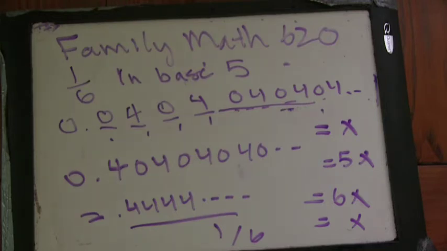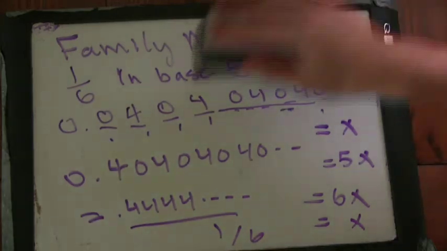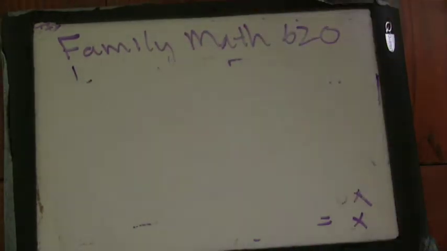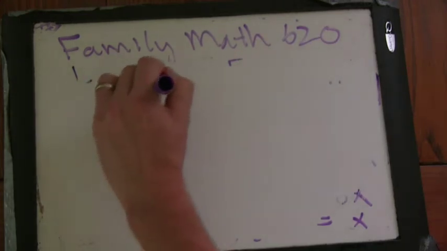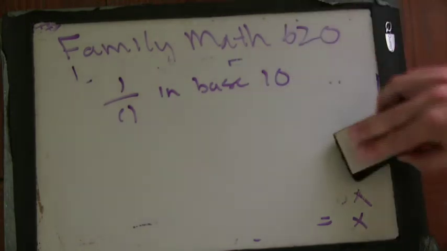All right, so what are some other ones? Based on this, what do you think 1/11 is in base 10? Can you tell me? 1 over 11 in base 10.